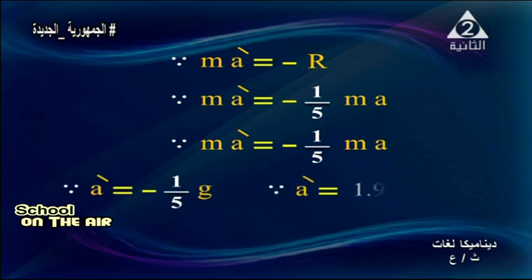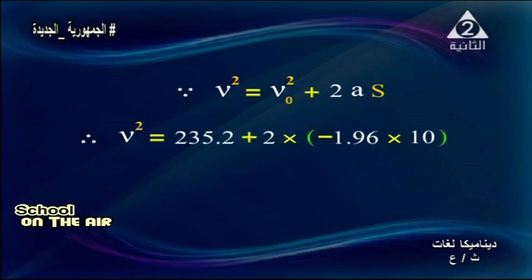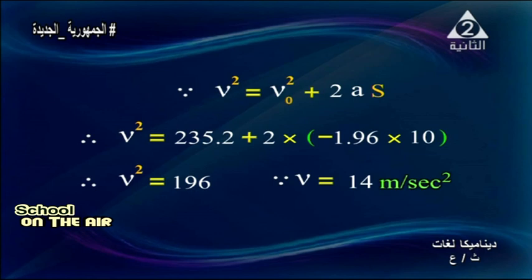The acceleration a dash equals negative 1.96 meter per second square, and we can calculate the velocity by using the relation v power 2 equals v naught power 2 plus 2as. Then v squared equals 235.2 plus 2 multiply negative 1.96 times 10. Then v squared equals 196 and the velocity equals 14 meter per second.